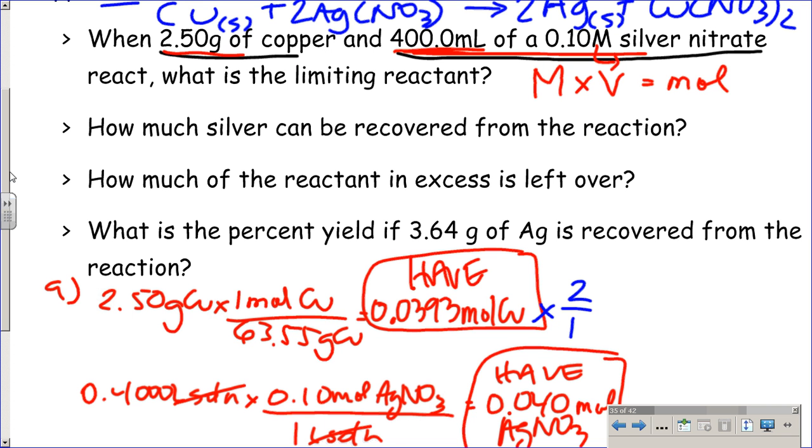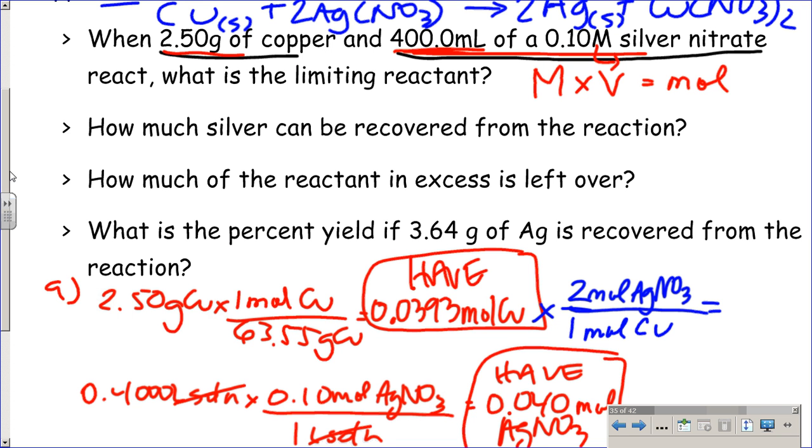This 2 refers to 2 what? Right, because there's a 2 for silver nitrate over 1 mole of copper. I can write out the whole moles and moles, but sometimes I don't, because I don't want you to think that you always have to show every thought that pops into your head, but I'll write this out here for you. This is essentially saying 2-to-1 ratio, 2 moles of silver nitrate for every 1 mole of copper used in the recipe, the BCE.